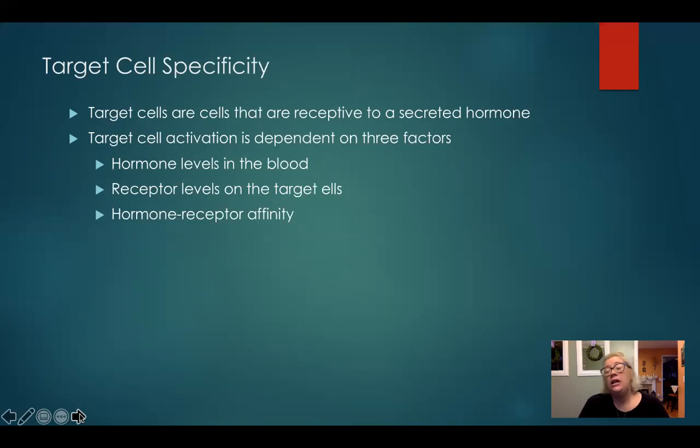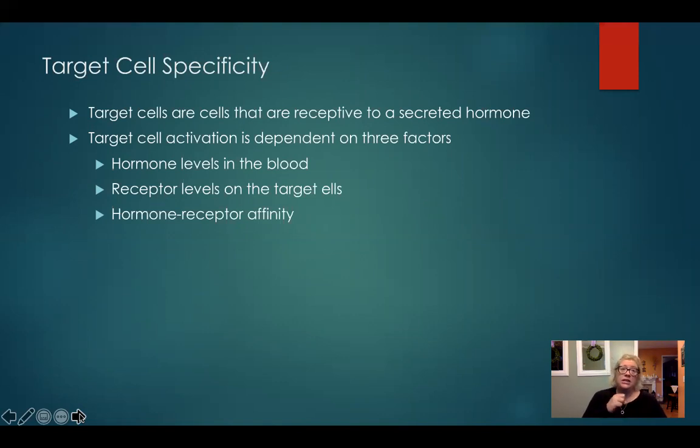The target cell activation, whether or not a particular target cell is activated, is going to depend on three different factors. The first is going to be the hormone level in the blood. The higher the hormone level in the blood, the greater chance a particular target cell has to be activated. Think about it.